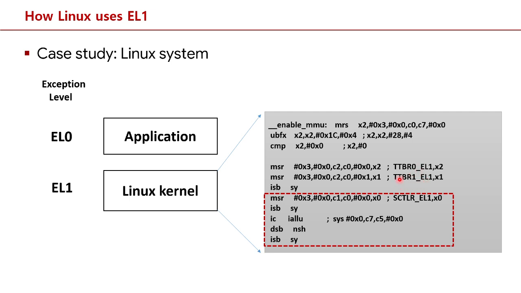As for the system register TTBR1_EL1, it could be used to convert the virtual address into a physical address at exception level 1. Those two system registers are important when you learn about how the virtual address can be translated into the physical address.